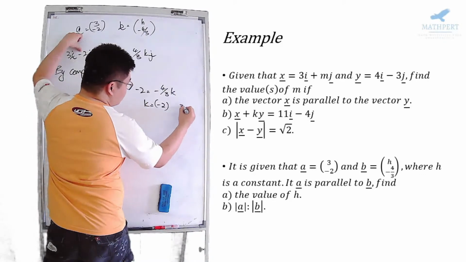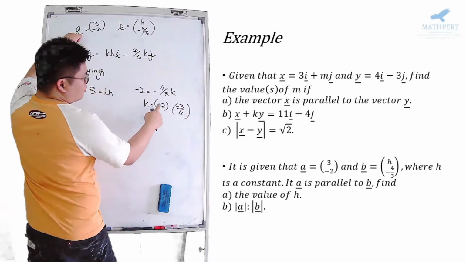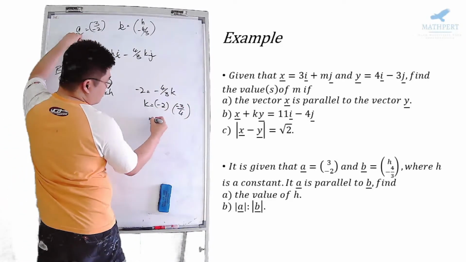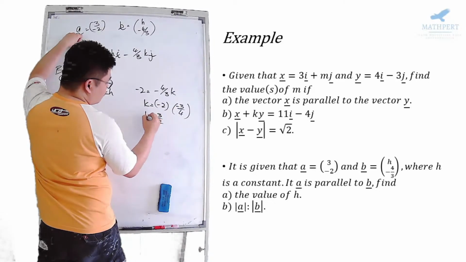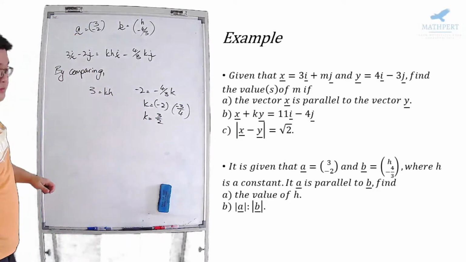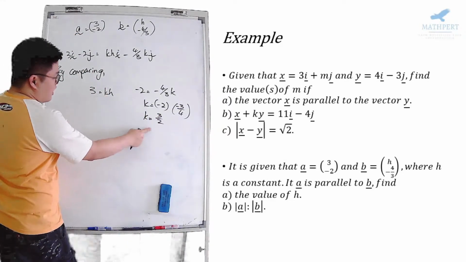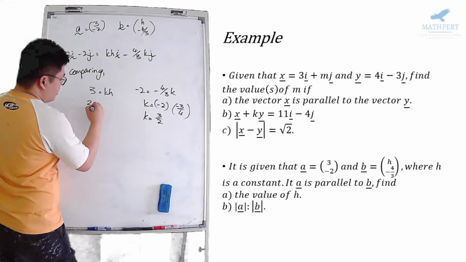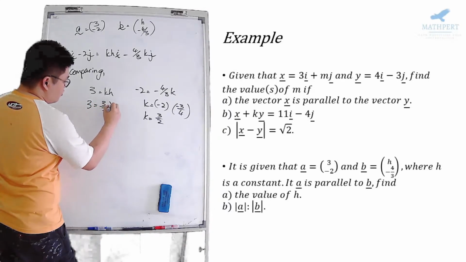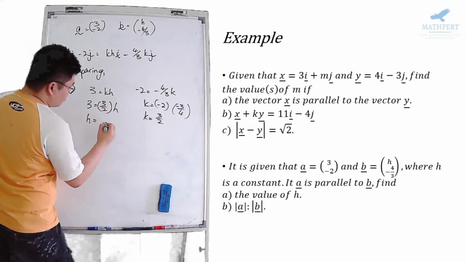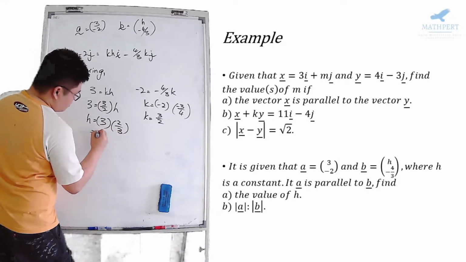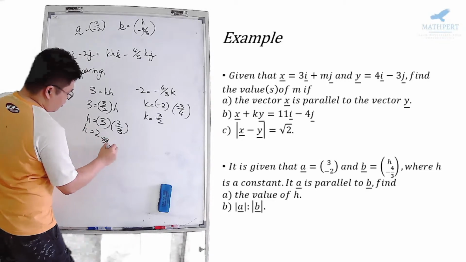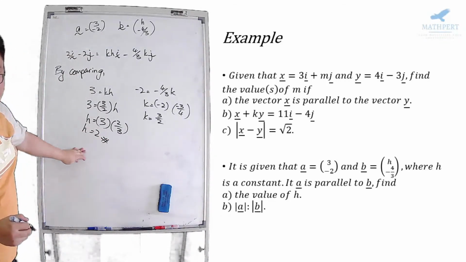So this is 3 over 4. Alright, 2 and 4, minus and minus, I'll get 3 over 2. Alright, so substitute k into here, I'll get 3 equals to 3 over 2 h. h is equals to 3 times 2 over 3. So h is equals to 2.